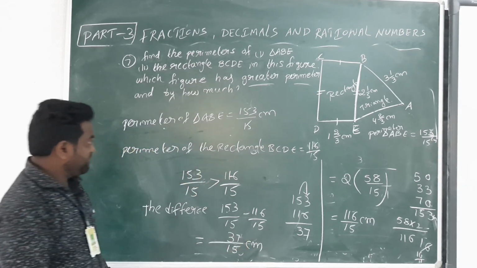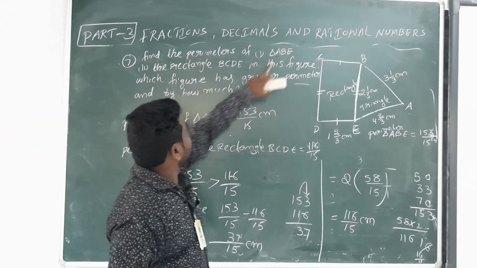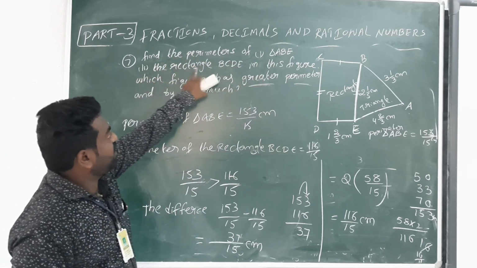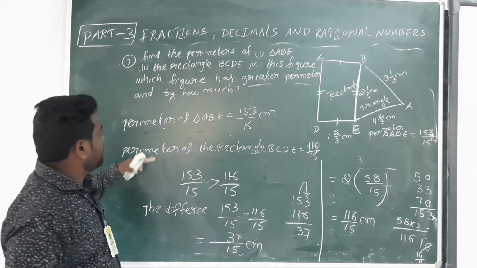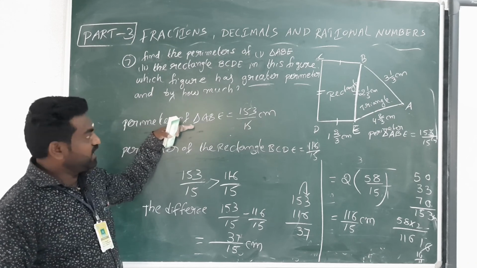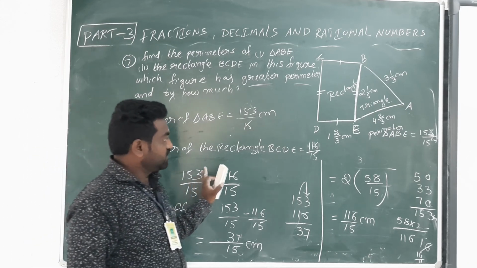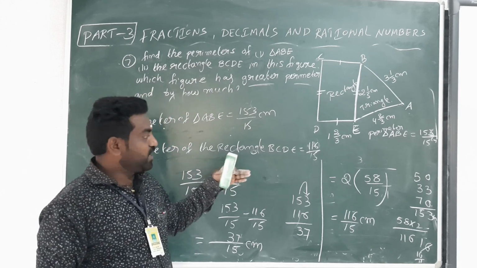This is the difference between the perimeters of triangle ABE and rectangle BCDE. Here, the perimeter of the rectangle is less than the perimeter of triangle ABE. Okay children, this problem is completed, to be continued in another class.